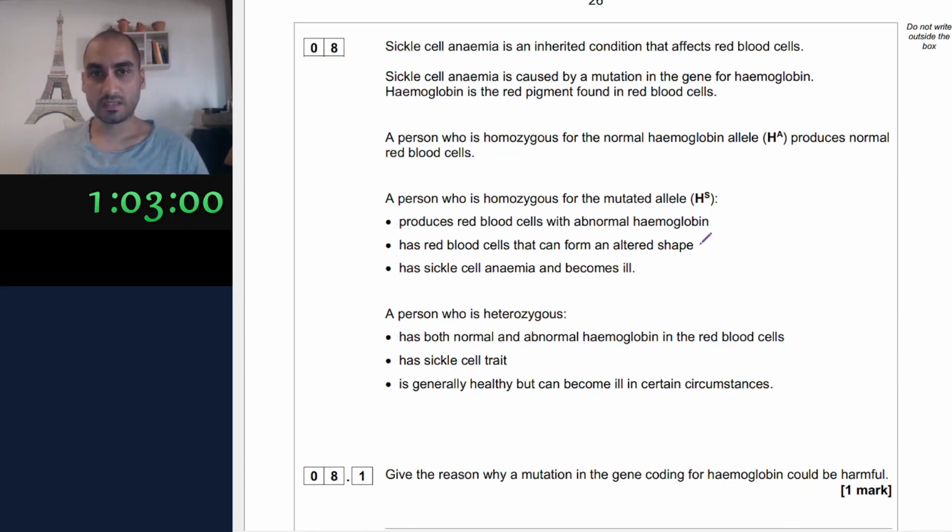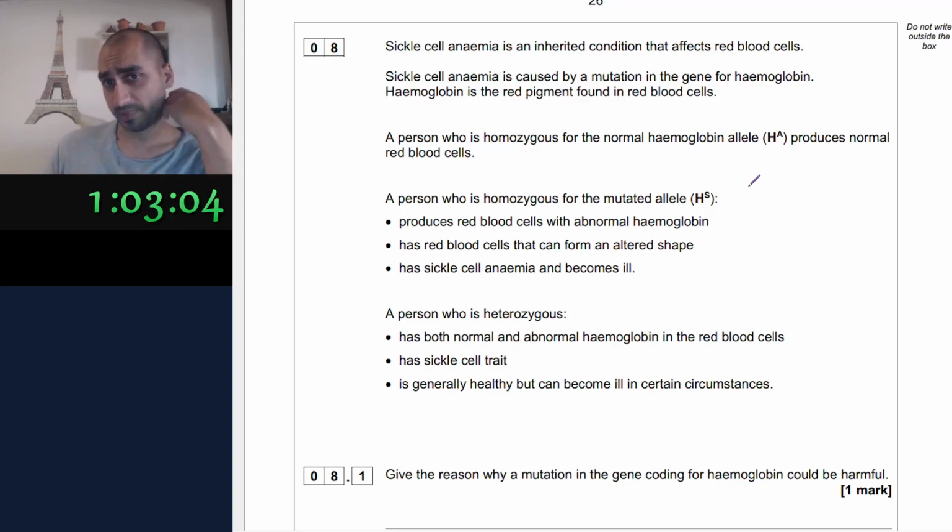Sickle cell anemia is an inherited condition that affects red blood cells, caused by a mutation in the gene for hemoglobin, the red pigment found in red blood cells. A person who is homozygous for the normal hemoglobin allele, HA, produces normal red blood cells.